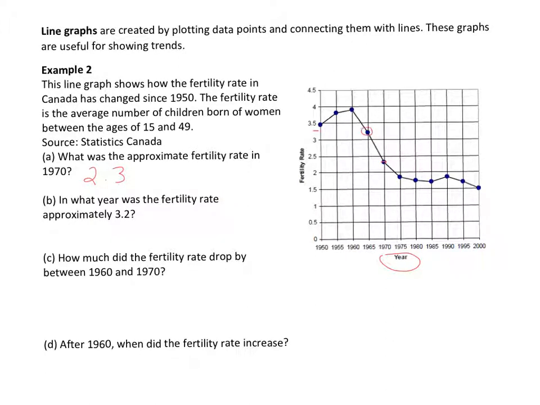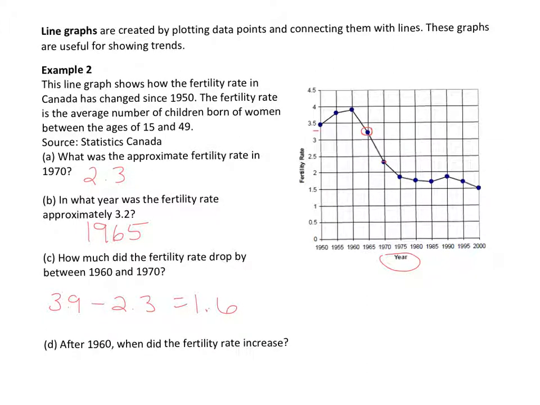And if we go across, we can see that that represents that point, and that's 1965. Question C asks, how much did the fertility rate drop by between 1960 and 1970? So let's take a look at what 1960 is. It's almost at 4, so let's call that 3.9. And we already said that 1970 was 2.3, so we'll subtract those, and we've got 1.6 is how much it dropped by in that decade.